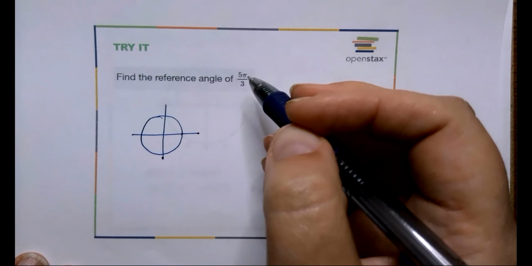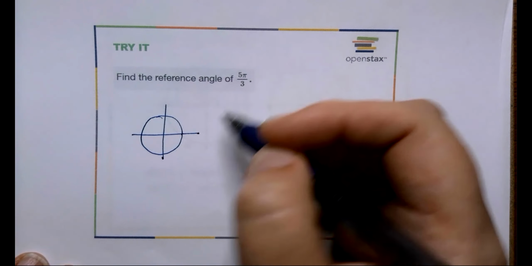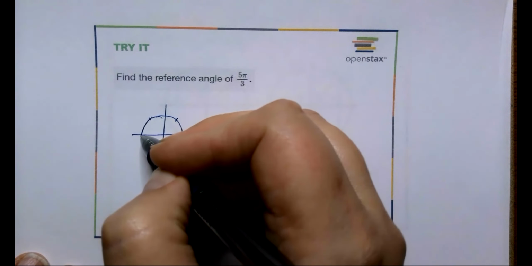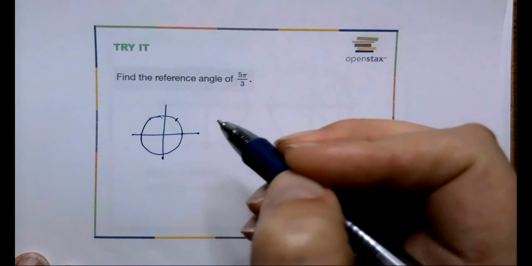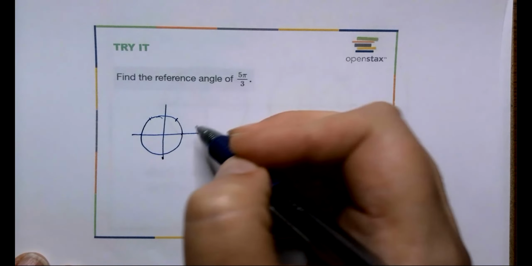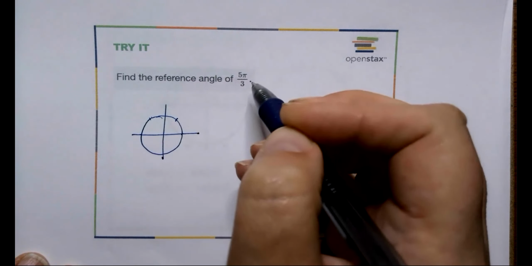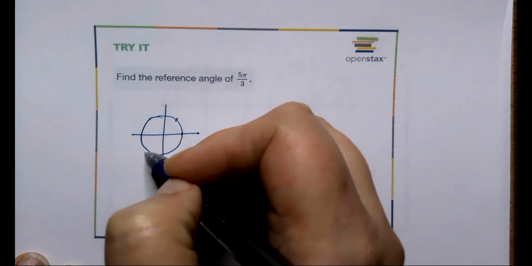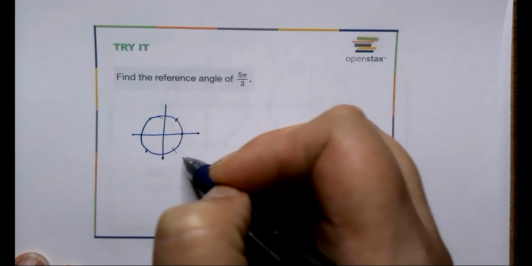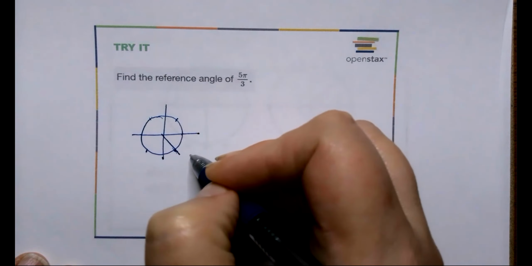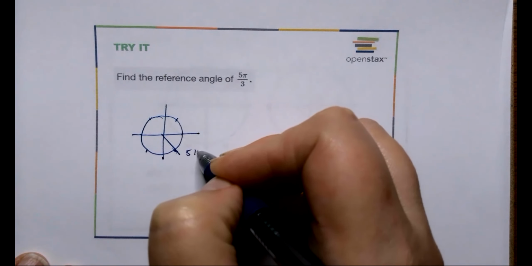So pi over 3 is 60, so I have 1, 2, 3, it's 180. 3 times pi over 3 is 180, or pi, right? And then you have 2 more, 1, 2. It's going to be here. That's your hint. This is your 5 pi over 3.